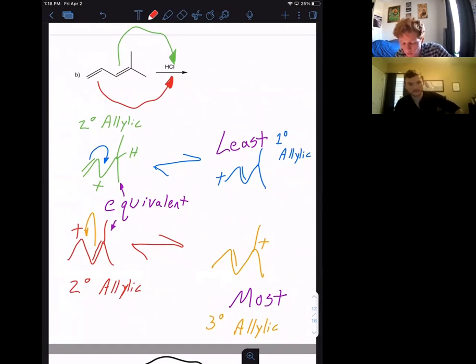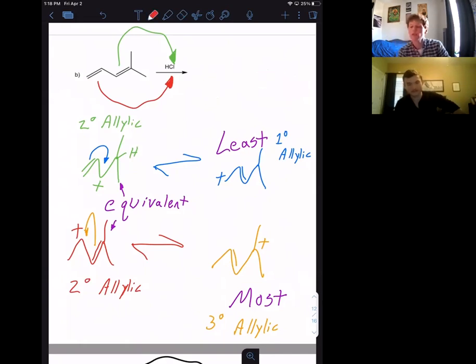Once again, if you were to do this attack and then automatically put the charge on the tertiary carbon here, that would be wrong because it's not stabilized by this double bond, so it's not allylic. And so that's the difference between tertiary and allylic carbons. Allylic carbocations are more stable, even if the other is tertiary.